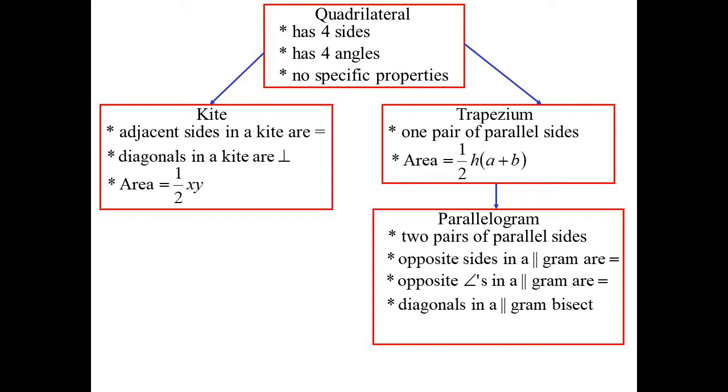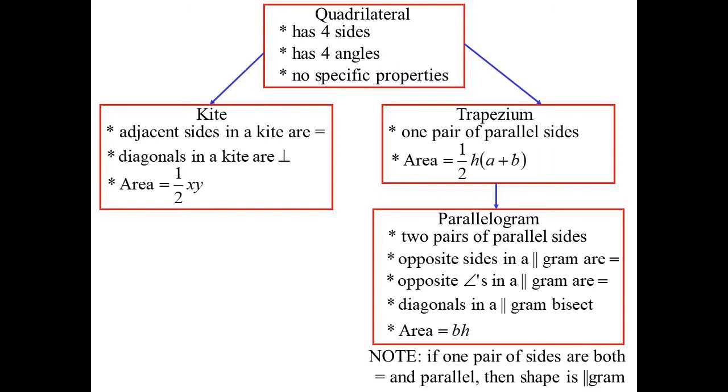And diagonals in a parallelogram will bisect each other. We also have an area formula, base times height, and that's the perpendicular height between a pair of parallel sides. Note, if you had to prove a shape's a parallelogram and you only know information about one pair of sides, if you know that pair of sides are both equal and parallel, that's enough to say the shape is a parallelogram.